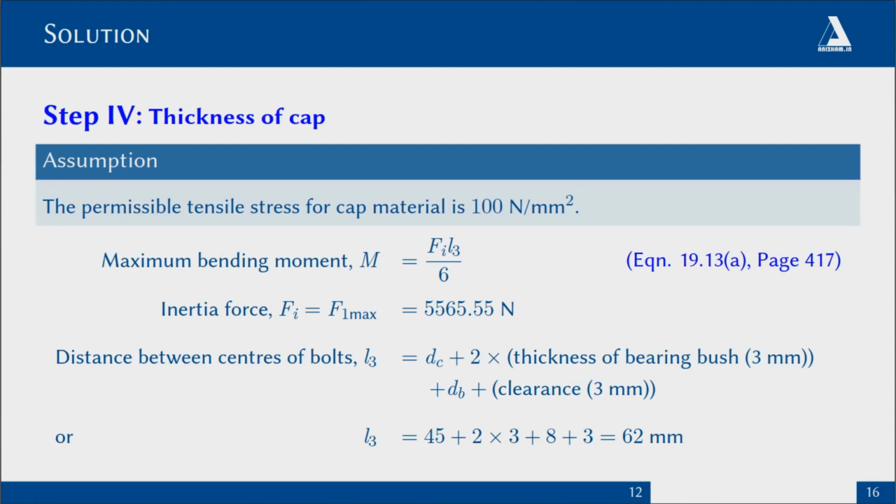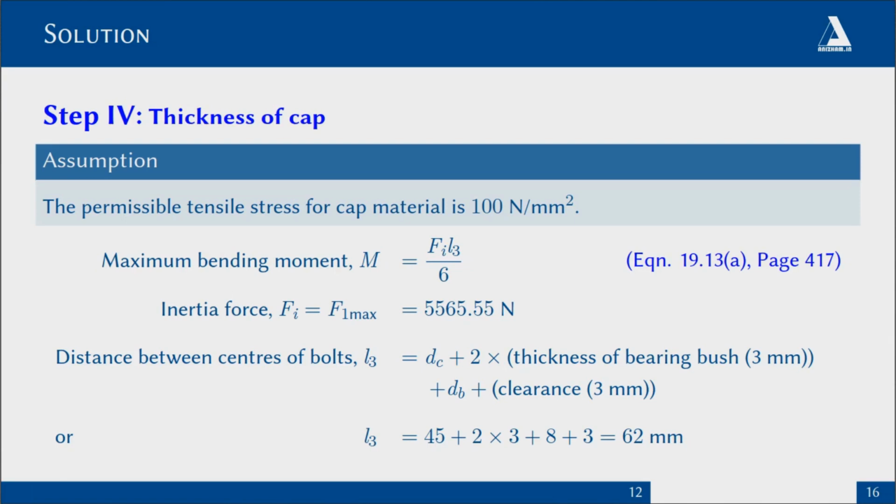In this relation, Fi is the maximum inertia force that we obtained as 5565.55 Newton, and L3 is the distance between the centers of the bolts that can be obtained as dC plus 2 times thickness of the bearing bush plus dB plus clearance. The thickness of the bearing bush is assumed as 3 millimeter, and the clearance is also taken as 3 millimeter. Therefore, L3 is calculated as 62 millimeter.